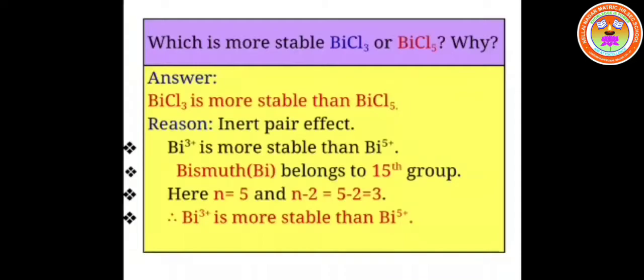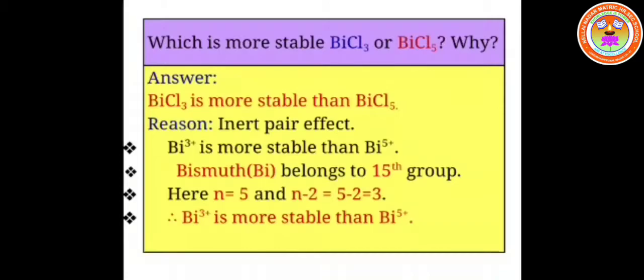Which is more stable, bismuth trichloride or bismuth pentachloride? Bismuth belongs to the 15th group. In bismuth trichloride, the oxidation number of bismuth is +3. In bismuth pentachloride, the oxidation number of bismuth is +5.